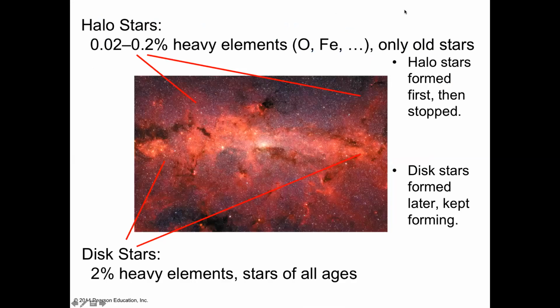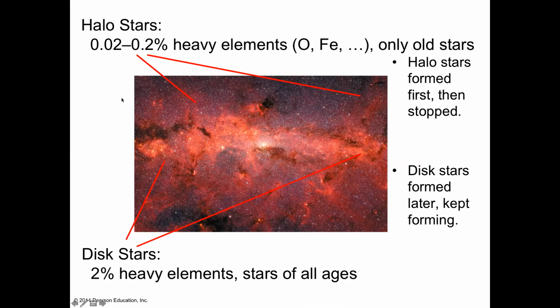Here's a quick summary of that. Halo stars have something like 0.02 to 0.2% heavy elements, oxygen, iron, etc. Only old halo stars. Halo stars formed first, and there aren't many halo stars that are less than, say, 10 billion years. They're all really old.